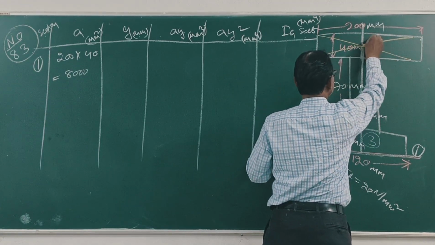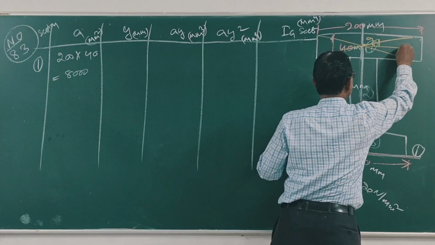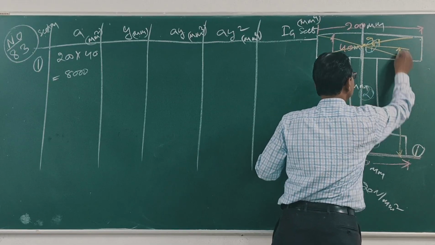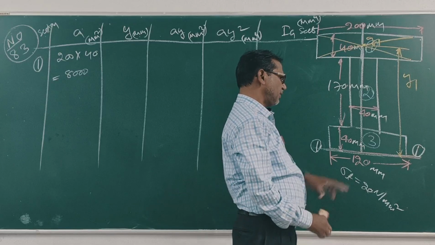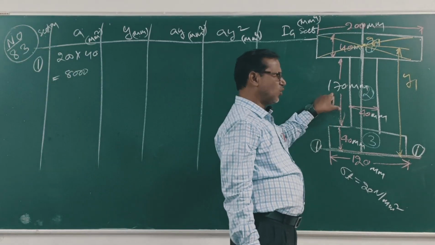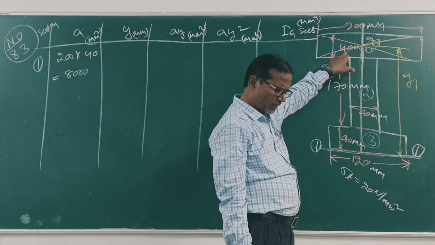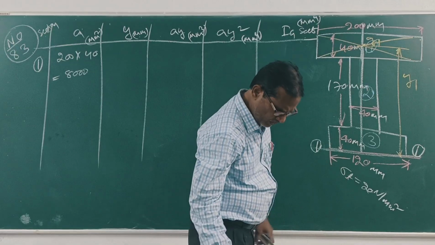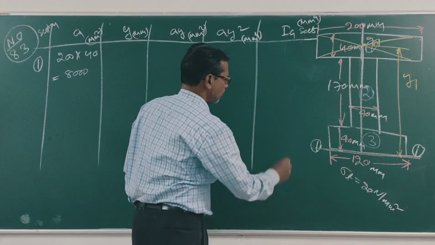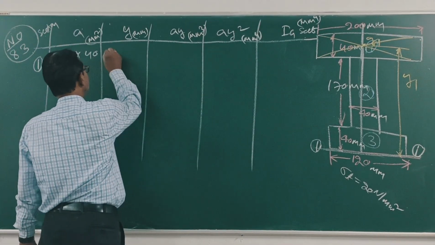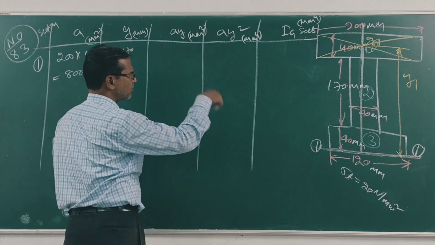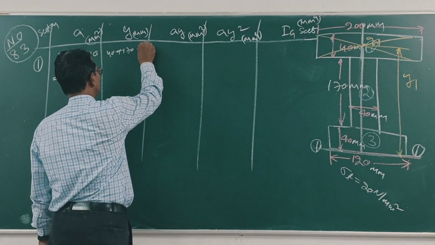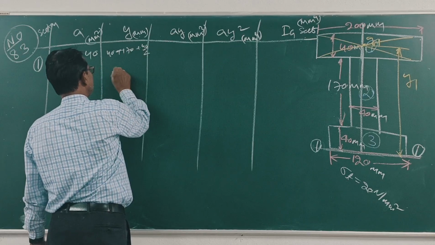This is G1, this is y1. What is y1? y1 is equal to 40 plus 170 plus 40 by 2, which is 230.